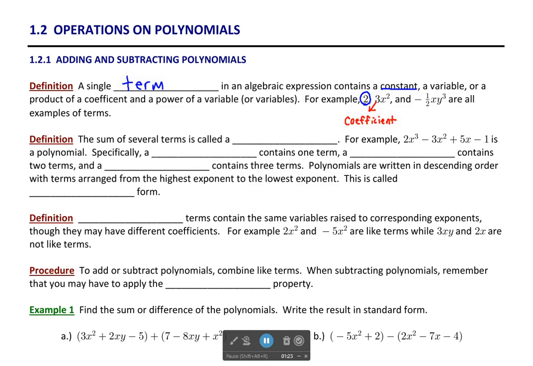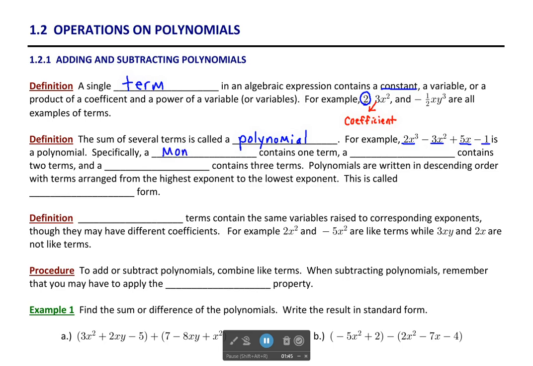Now, the sum of several terms is called a polynomial. For example, 2x cubed minus 3x squared plus 5x minus 1 is a polynomial. In this case, we have 1, 2, 3, 4 terms composing the polynomial.